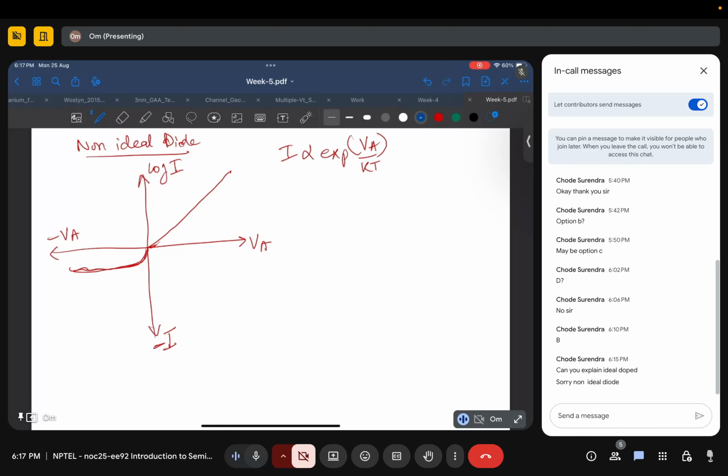So current generally behaves like this till a certain point, then it saturates, and here also it has some different slope. So only in this middle region it behaves ideally. Here and here it has some different behavior. So why is this there? There are a couple of reasons for this.